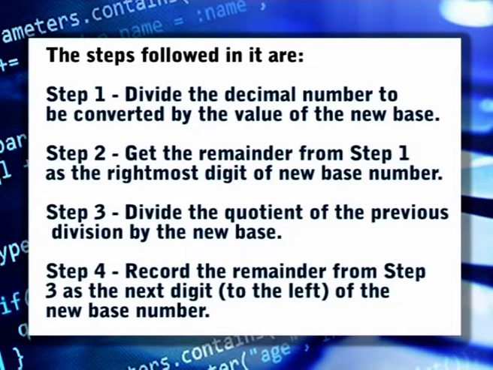Step number 4, record the remainder from step 3 as the next digit to the left of the new base number. Repeat steps 3 and 4, getting remainders from right to left until the quotient becomes 0 in step 3. The last remainder thus obtained will be the most significant digit of the new base number.